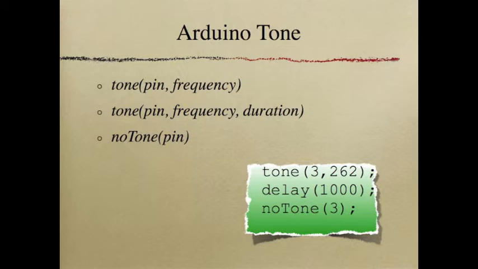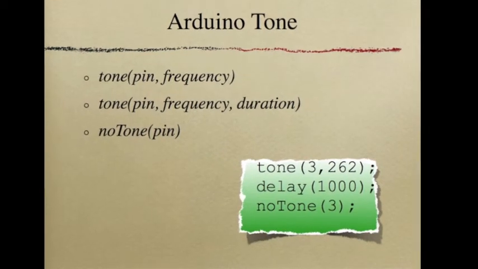However, our Arduino equips us with the tone function and the no tone function. So you can just use the tone function and say, I want this pin to output with certain frequency.